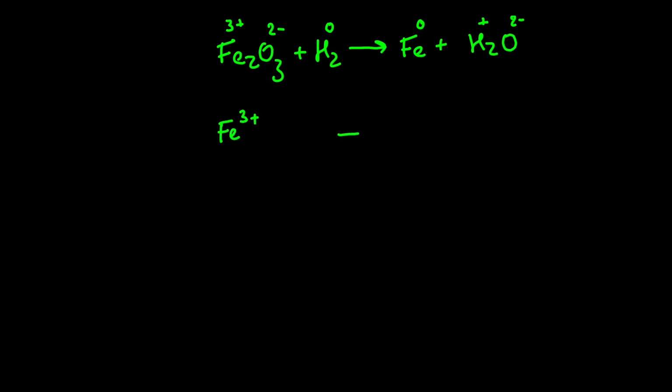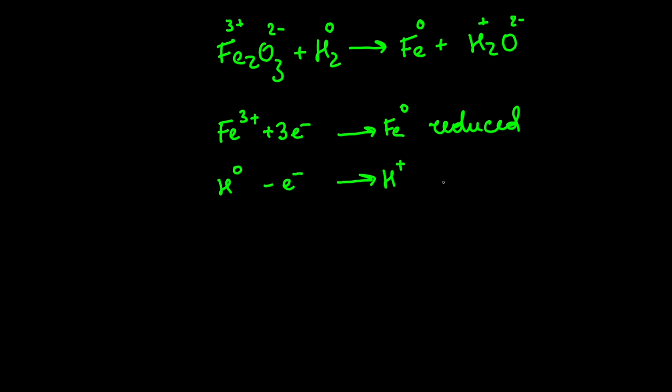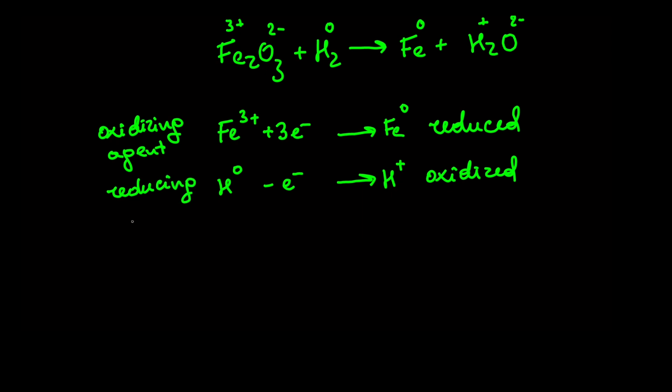Iron cation became a pure element, so it must have gained 3 electrons in that process. And because of that, we say that iron was reduced. Pure hydrogen lost an electron and was oxidized. Lastly, we write that iron was the oxidizing agent and hydrogen was the reducing agent. And now we have correctly written both half reactions.